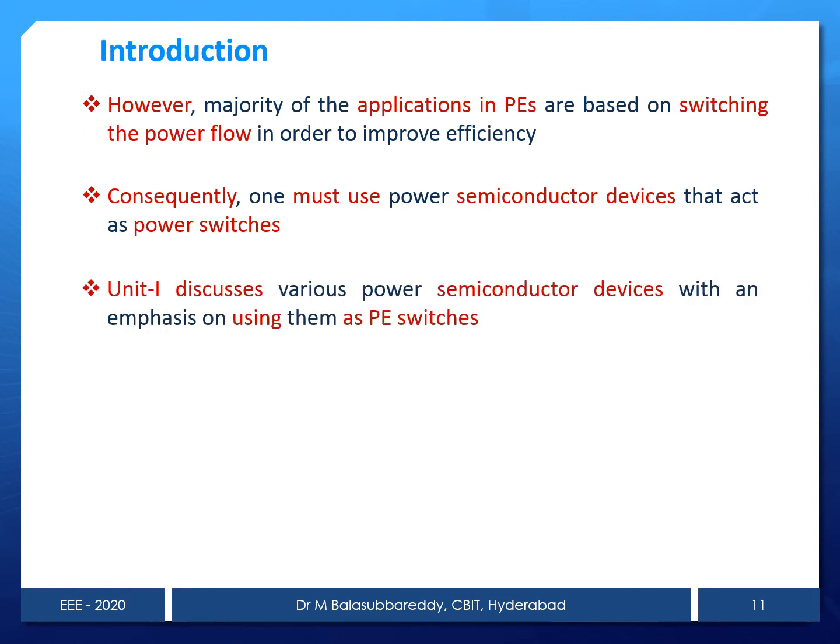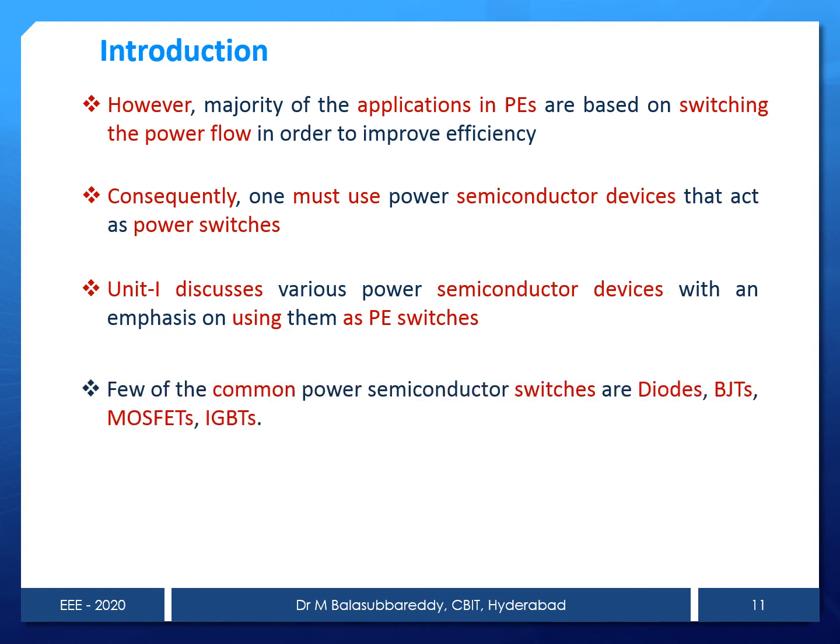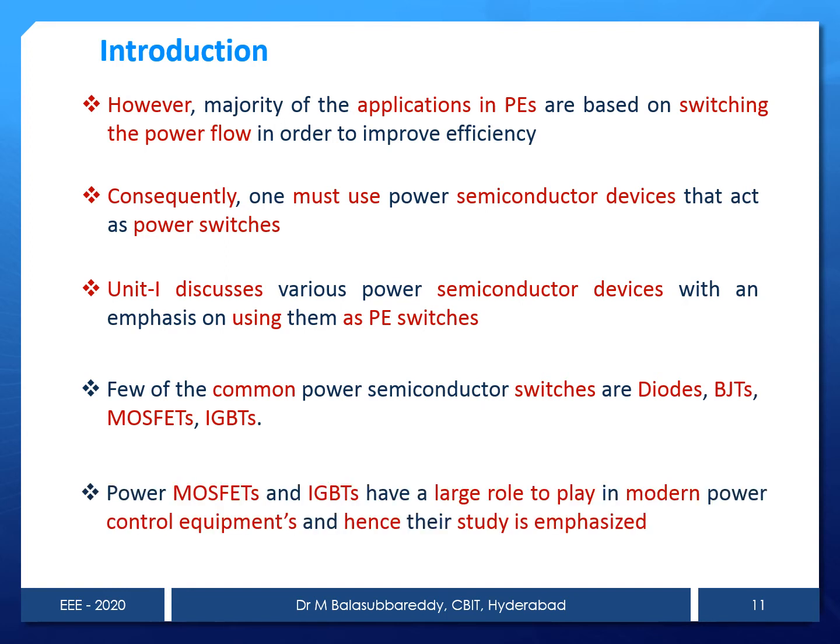In Unit 1, we discuss various power semiconductor devices with an emphasis on their use as power electronic switches. A few of them I mentioned: diode, BJT, MOSFET, IGBT, but the diode is uncontrolled while the rest of the devices are controlled devices. Power MOSFET and IGBT have a large role to play in modern power control equipment, and hence the study will be emphasized.